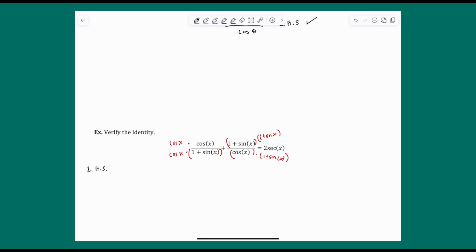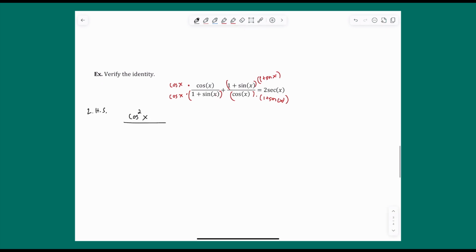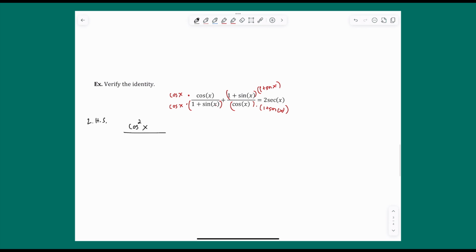All right, so I'll get cosine of x times cosine of x, which gives me cosine squared of x, all over cosine of x times parentheses 1 plus sine of x. Okay.